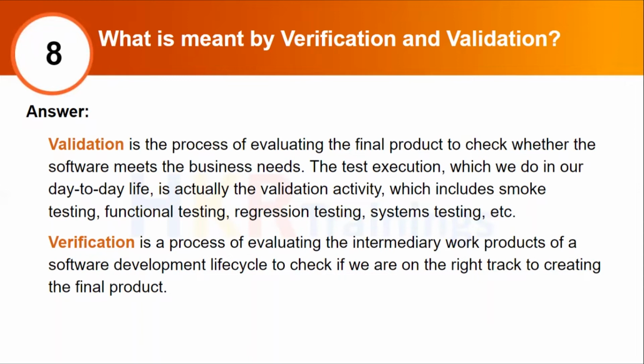As I told before, if you are performing functional testing or regression testing or any type of testing, suppose the client has a requirement and he wants the output in a similar way. So if you are getting the same output, we will be just validating our output with the requirement given by the client. That is called validation.